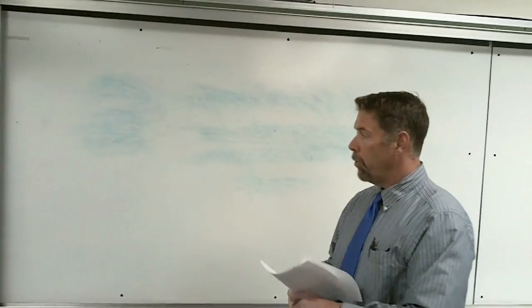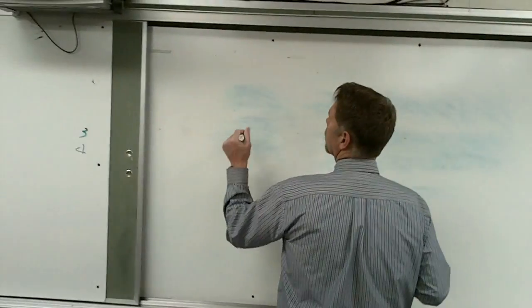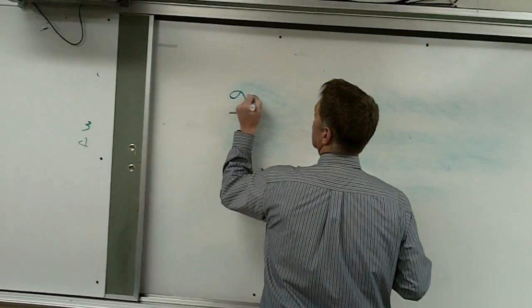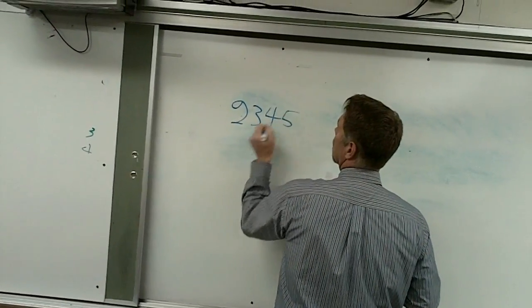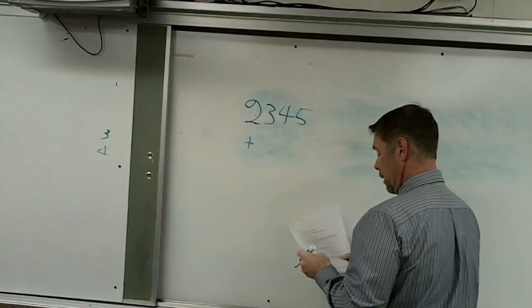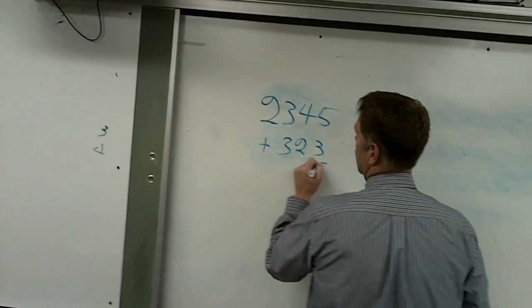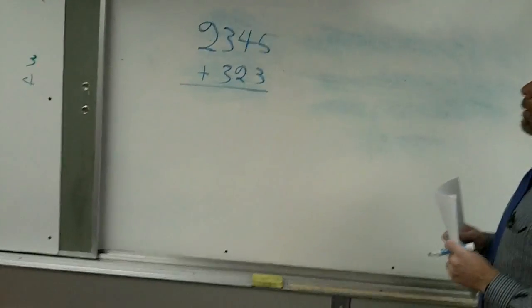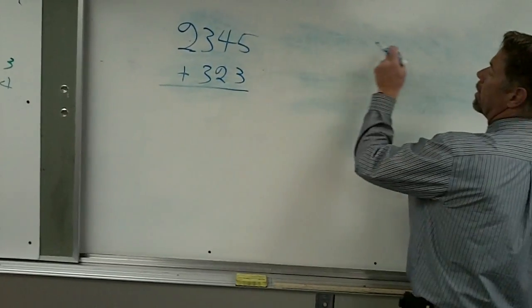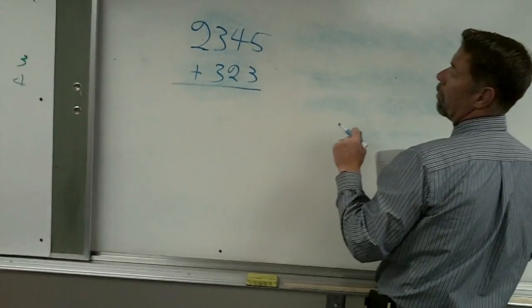We have 2,345 plus 323. So we're going to write this in expanded form. I'm going to write the top, and you're going to write the bottom one.